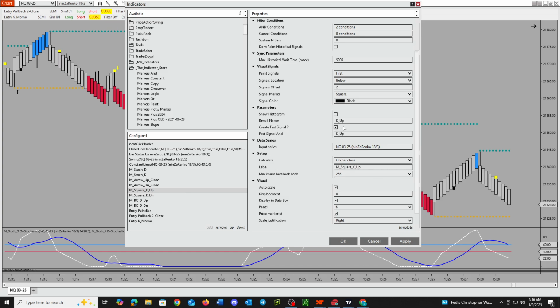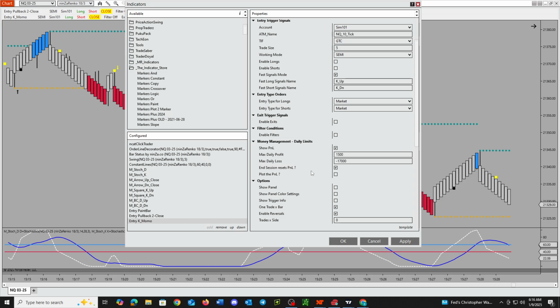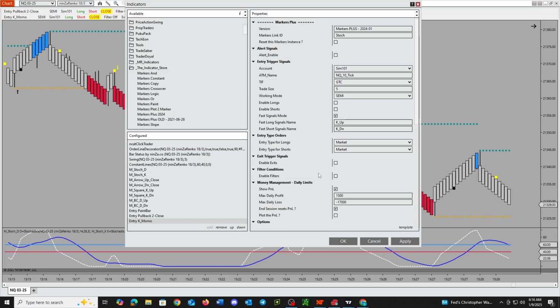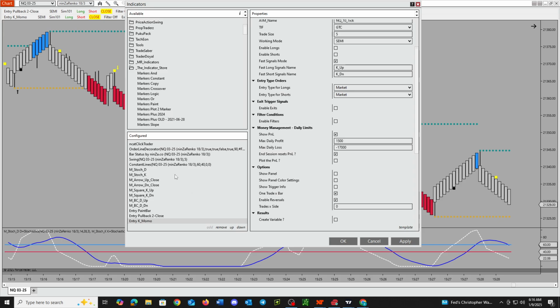It's not horseshoes. It's got to be exact. So it's for K up, that's the fast signal, and then K down, fast signal. Okay, that's it, and everything else is the same here. No difference at all. Okay, so that's the indicator template for this.